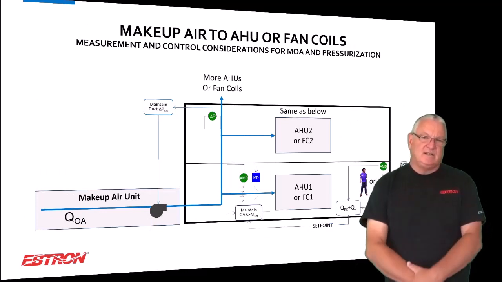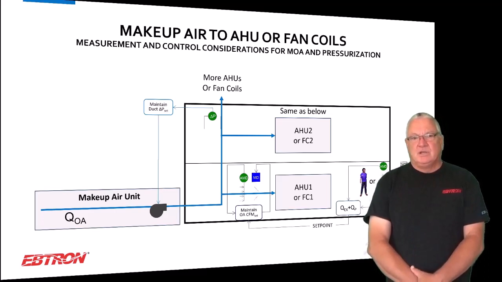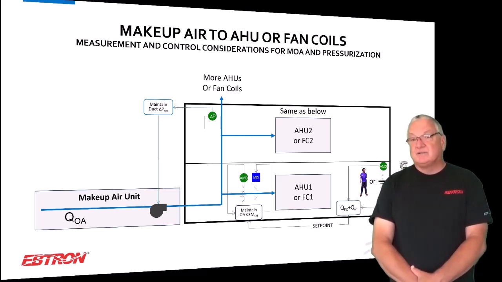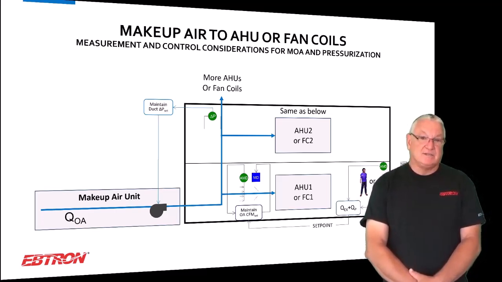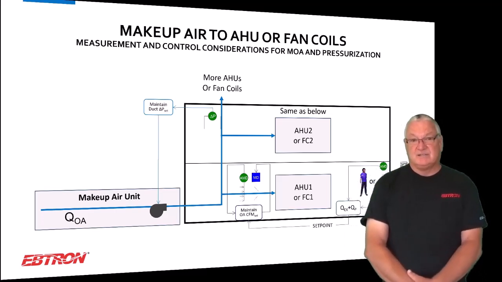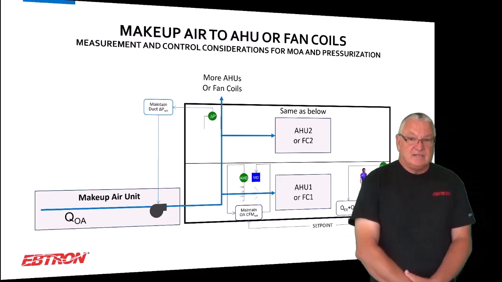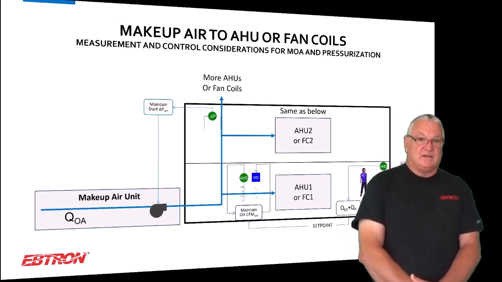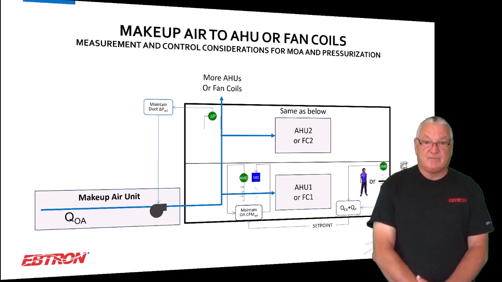This here we see a lot of times. Maybe there's no economizer, or maybe there was a water side economizer, or maybe it's not really serving air handlers, but it's VRF serving fan coils. The bottom line is we have to bring outside air into these spaces.